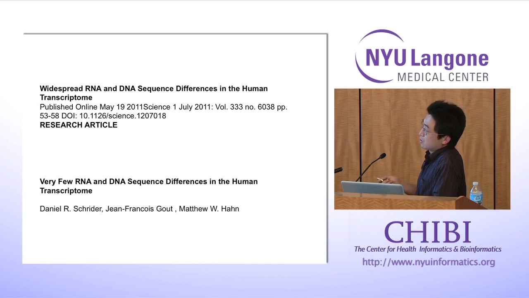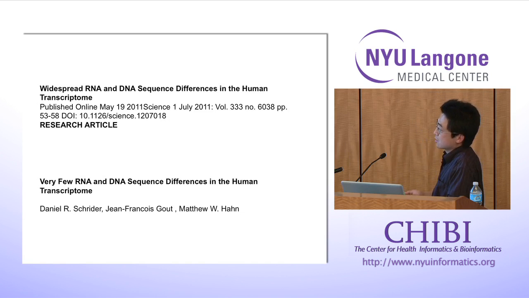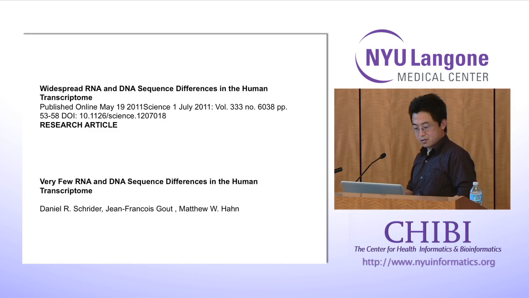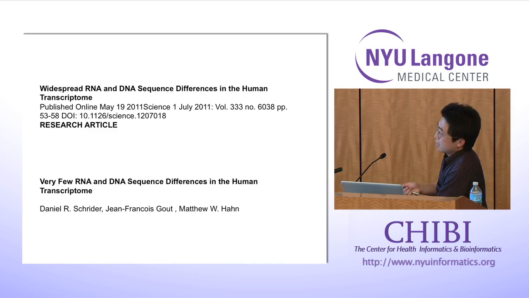This caused hot debates in 2009, 2010, 2011. Around that time, in the major genome biology meetings, people would talk and discuss, and there were lots of doubts on their results. Very quickly, another paper reanalyzed their data, and they said that there are actually only very few RNA sequence differences in the human transcriptome.